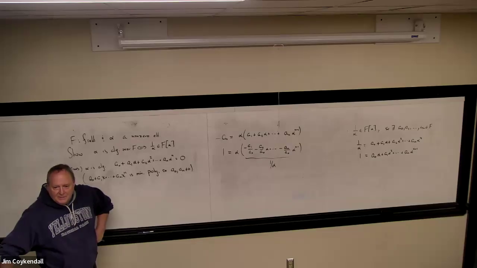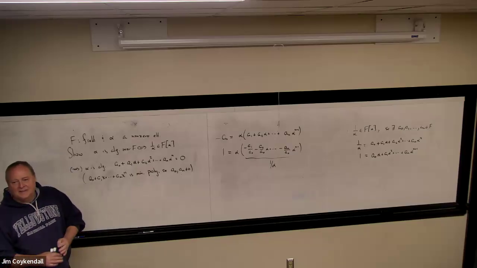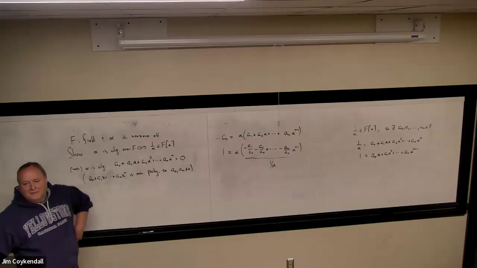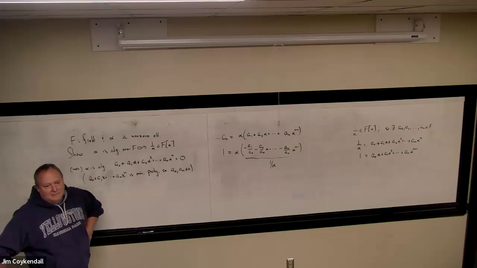What else we got? How does that show that alpha is algebraic again?